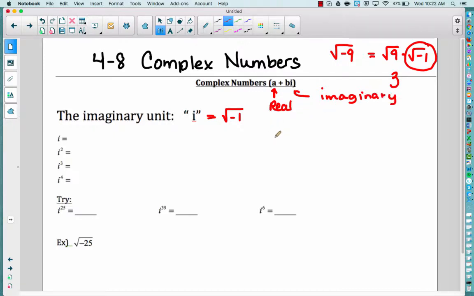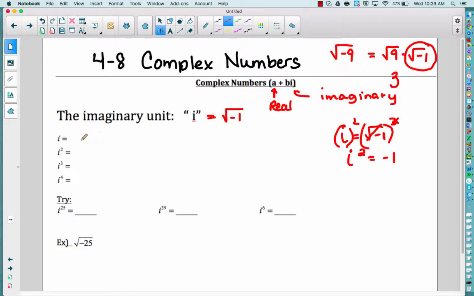All right, so now let's talk about that. If we know that I is equal to the square root of -1, what would I squared be equal to? Well, I squared then, if we squared both sides, it's kind of funny, it actually gives me -1. Because remember, the square just gets rid of the square root.